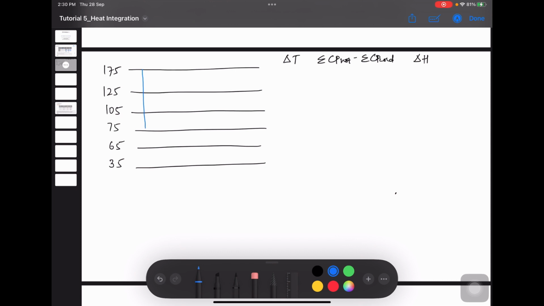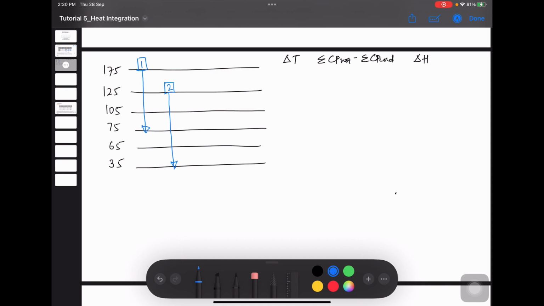I'm going to draw a line because the temperature is decreasing. So this is our stream number 1. Our stream number 2 has temperatures from 125 to 35.